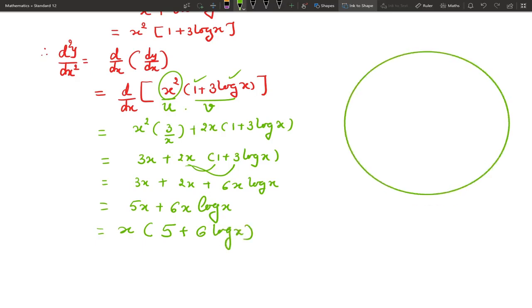So in general, second order derivative d2y by dx2, it is nothing but d by dx of first order derivative dy by dx.